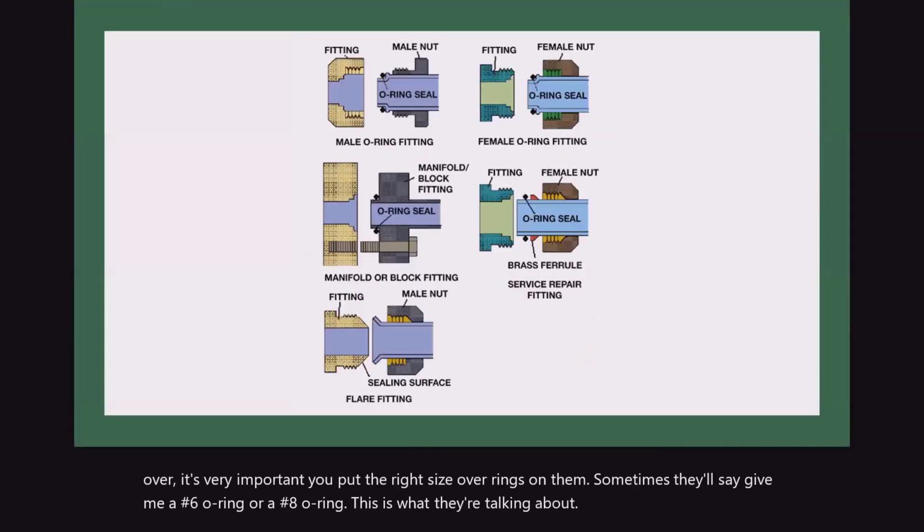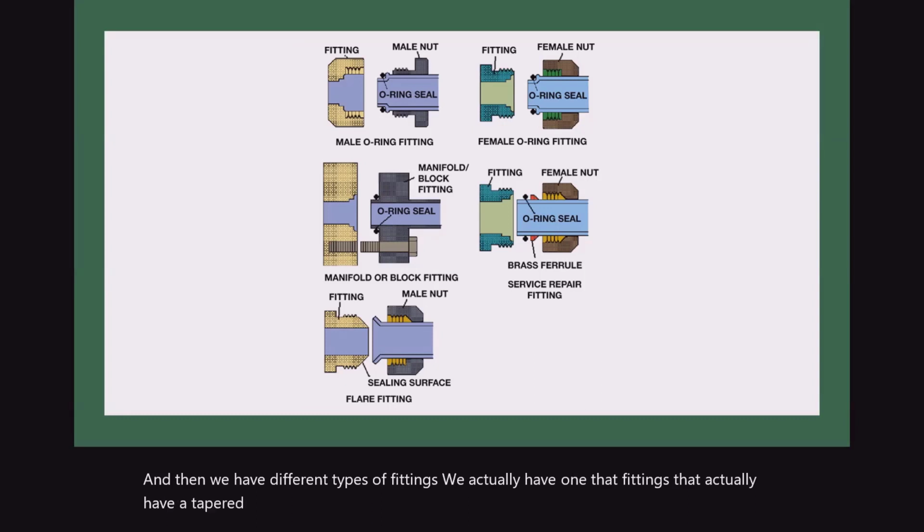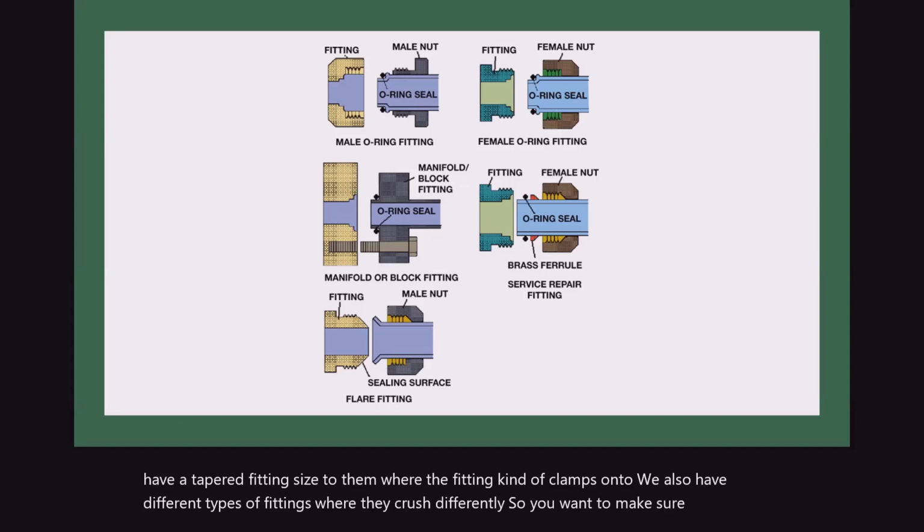And then we have different types of fittings. We actually have fittings that have a tapered fitting size to them, where the fitting kind of clamps on. We also have different types of fittings where they crush differently. So make sure you line up the fittings straight.